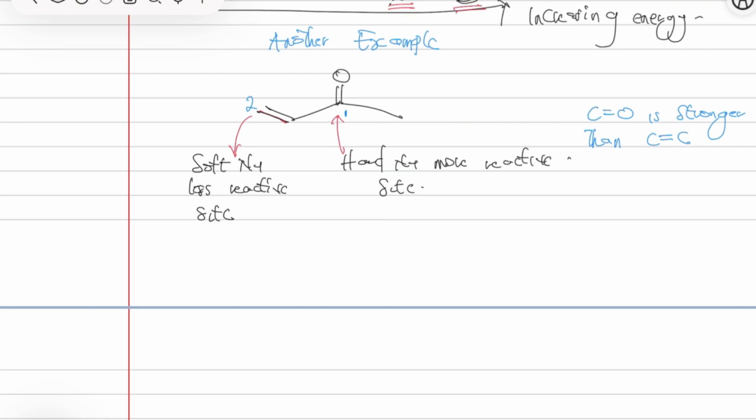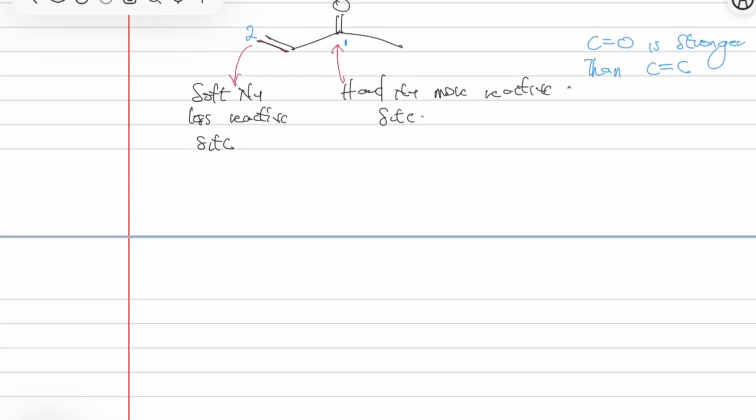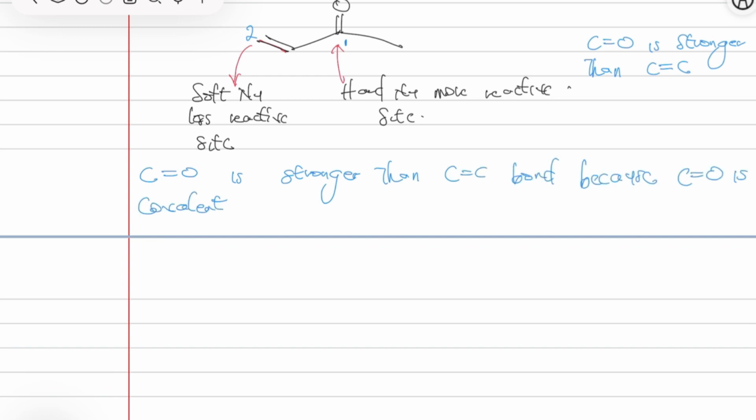So why do we consider the CO bond to be stronger than the CC double bond? And also, why do we consider the CO double bond to be a more reactive site than the CC double bond? The CO double bond is considered stronger because it is covalent and partly ionic because of the difference in electronegativity between carbon and oxygen.